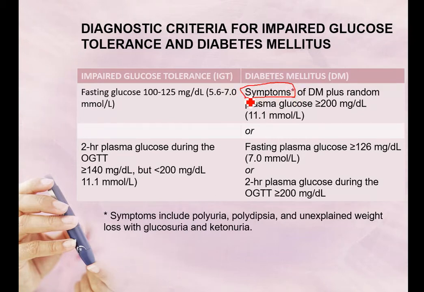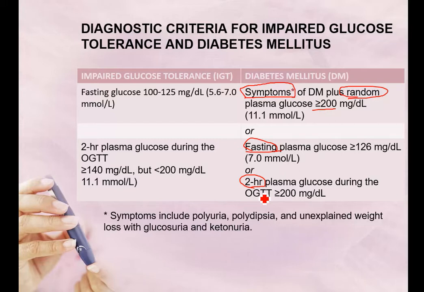Symptoms of diabetes plus random blood glucose more than 200 mg per deciliter, or symptoms plus fasting plasma glucose more than 126 mg per deciliter, or 2-hour plasma glucose during the OGTT more than 200 mg per deciliter. OGTT means oral glucose tolerance test.